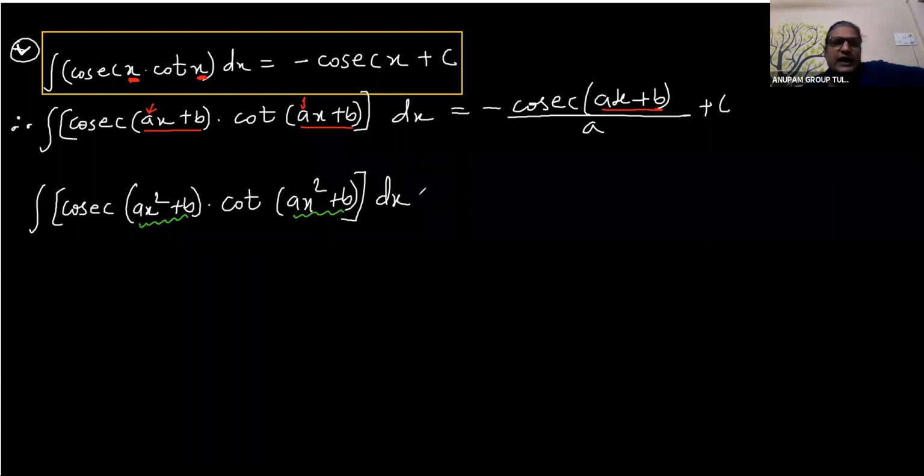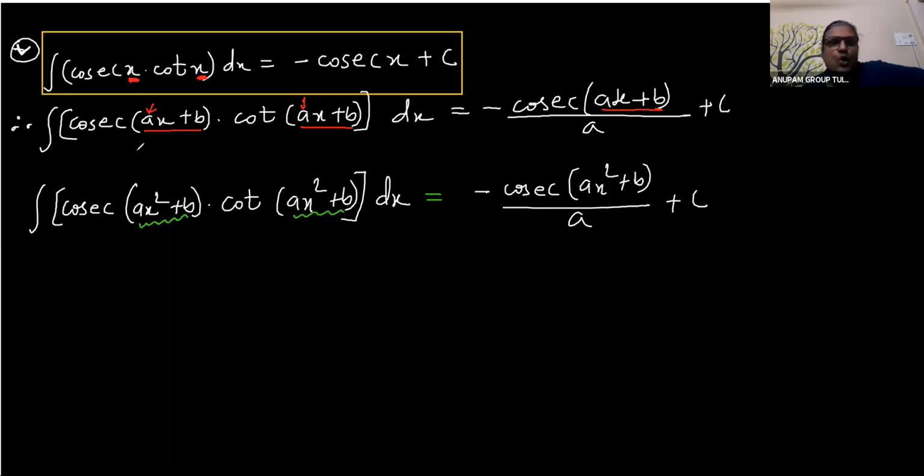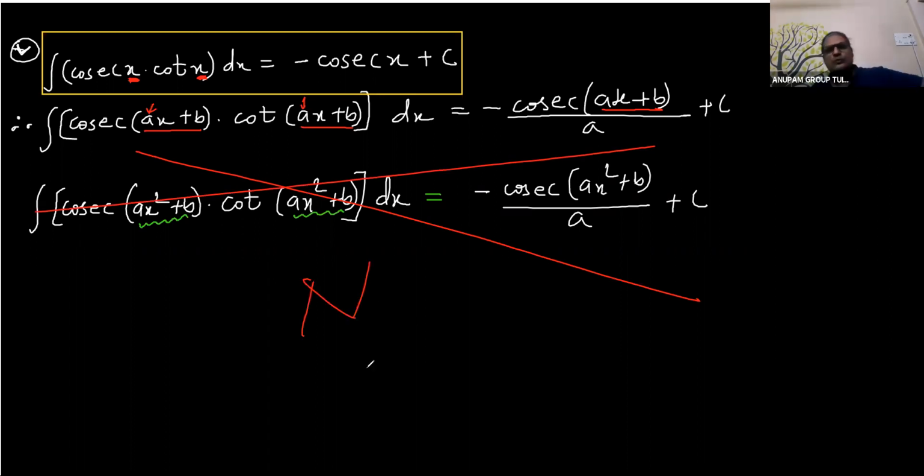So will that give me, like here, when I replaced by ax plus b, it gave me minus cosec ax plus b upon a. So am I allowed to write minus cosec ax square plus b the whole upon a plus c? The answer is big no. I am not allowed. Why am I not allowed?